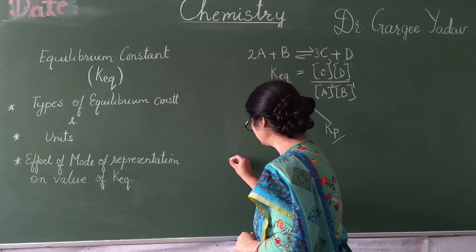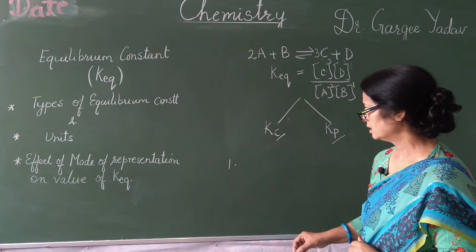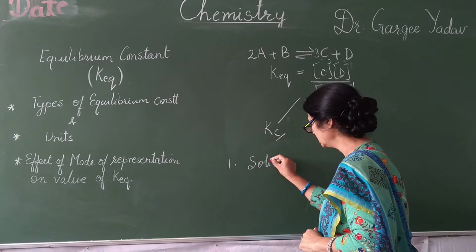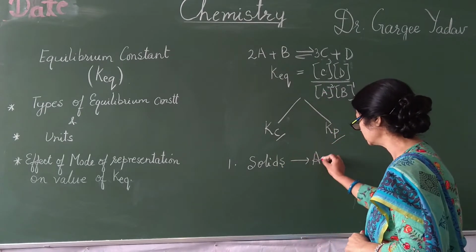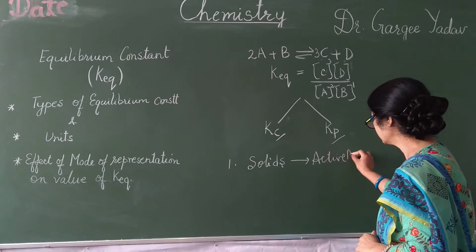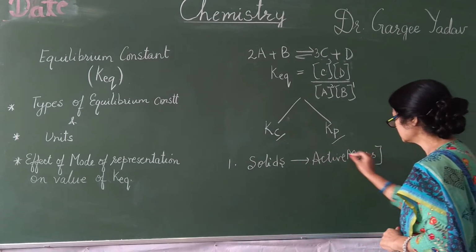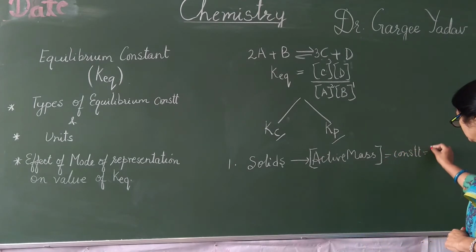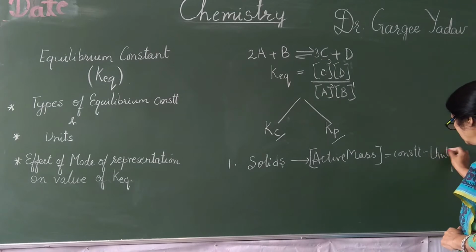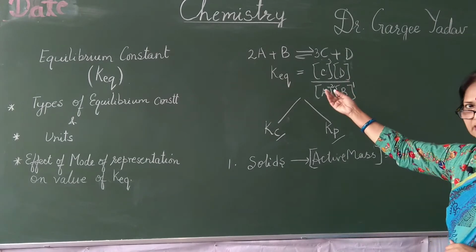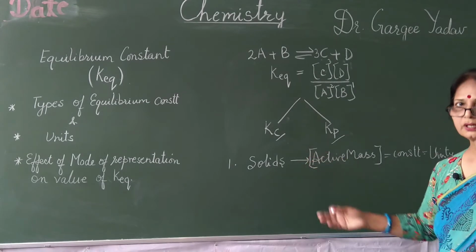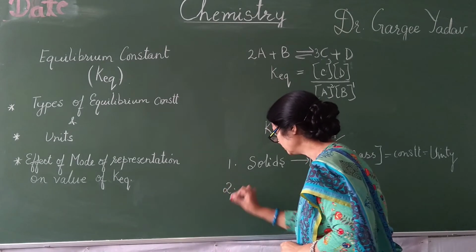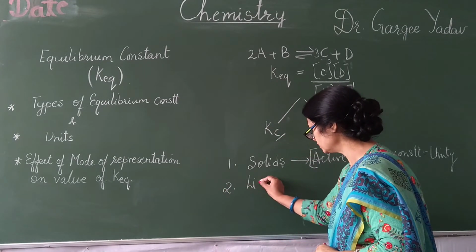So the first thing to remember is that whenever there are solids in a chemical reaction, the active mass of the solids is taken as constant, and it is taken as unit 1. Whenever we are representing it this way, the active mass of the solid reactant or product is taken as unity.